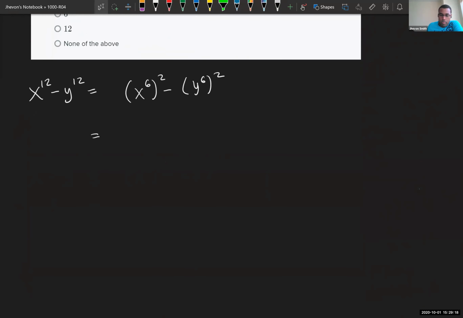So with that, now it looks like the difference of squares, which means I can break it down to x to the 6 minus y to the 6 times x to the 6 plus y to the 6.